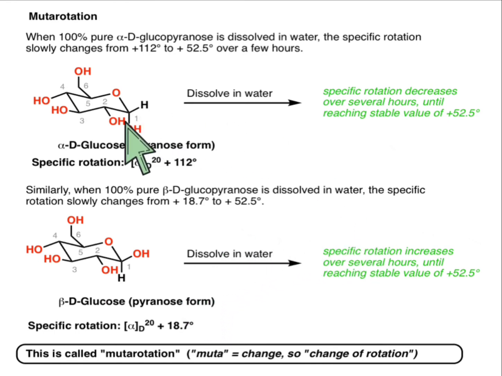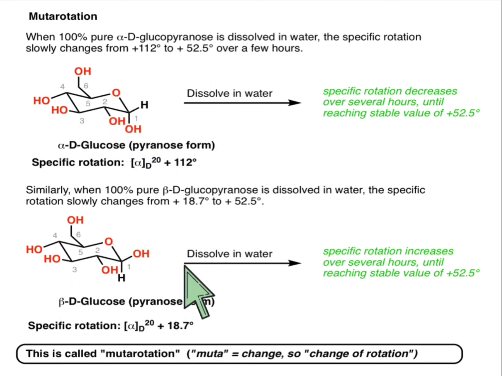But suppose the equilibrium has not been reached. Then the alpha D glucose has its specific rotation, which decreases until it reaches a constant value. That means some of the alpha form has changed into beta form.